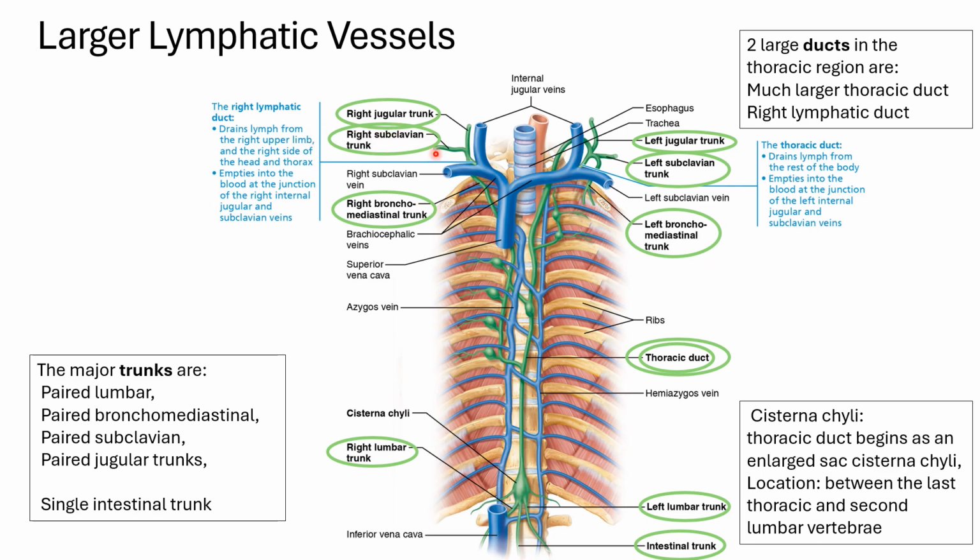So these three tributaries drain into the right lymphatic duct. It then enters the venous circulation at the junction of the internal jugular vein and the subclavian vein. So this covers a very short area, only the right side of the body: the head, neck, arm, and the upper thorax. It is drained by the right lymphatic duct. Now let's see in another diagram.